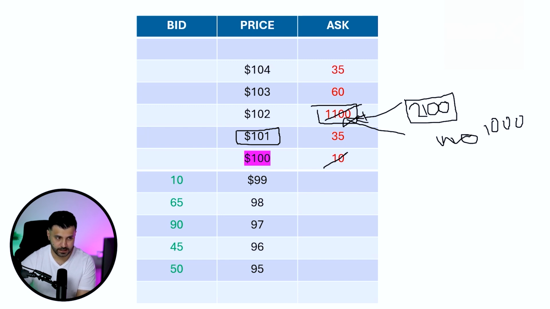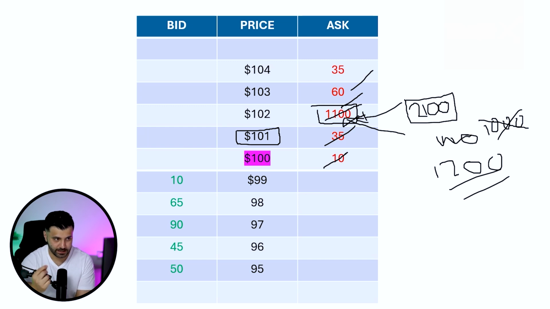He buys 1,200 contracts at 101. He takes out all your orders, these 1,000 orders, and now he starts pushing the price higher, getting more and more aggressive. Why? Because he needed liquidity to be able to fill those orders.